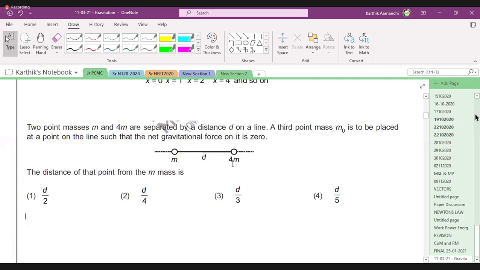The torque on a planet about the center of sun is how much? 0, negative, positive, depends on the mass.